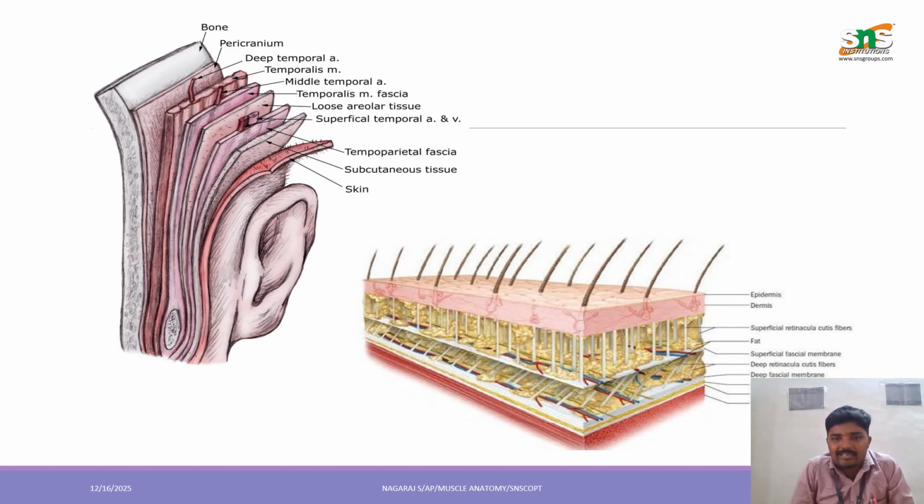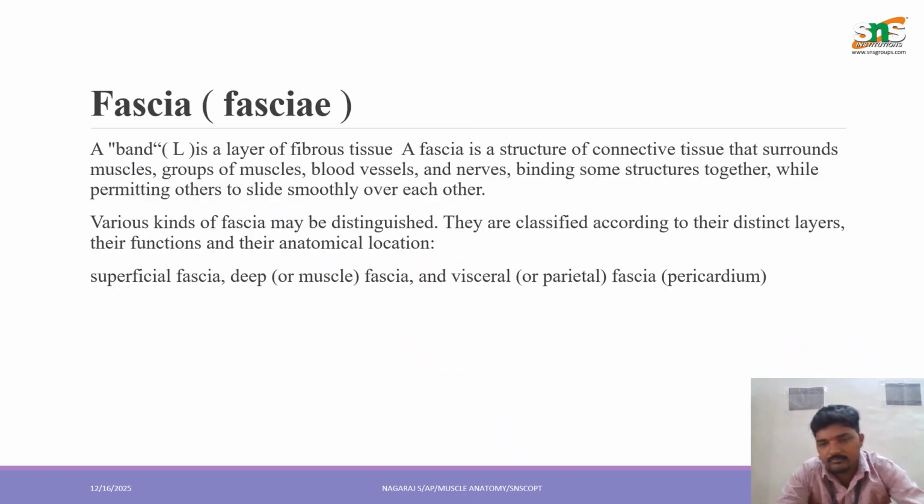The structure here shows the skin and deeper structures: subcutaneous tissue, temporoparietal fascia, superficial temporal fascia, loose areolar tissue, then temporalis muscle fascia, middle temporalis fascia, then pericardium and bone.